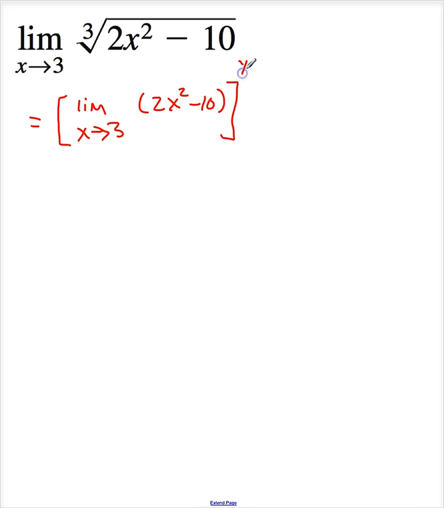So this is the cube root. So the limit as x approaches 3 of the inside is 2 times 9 minus 10. So this is a cube root. So this is 18 minus 10, which is the cube root of 8, or 2.